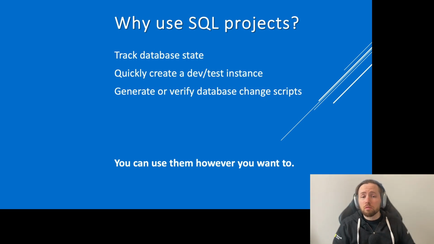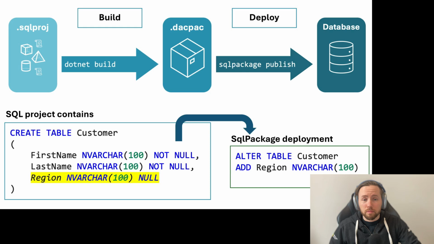You can layer SQL projects on top of that, so you can get a better understanding of what the database object definitions are as more of a declarative thing that you can review in source control. And if you are generating database change scripts, these are something that DBAs and other people responsible for how the database functions over time can be a little more comfortable with applying.